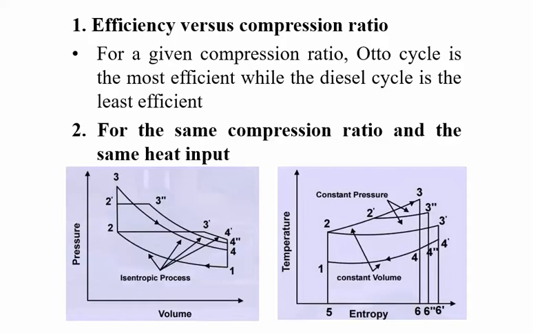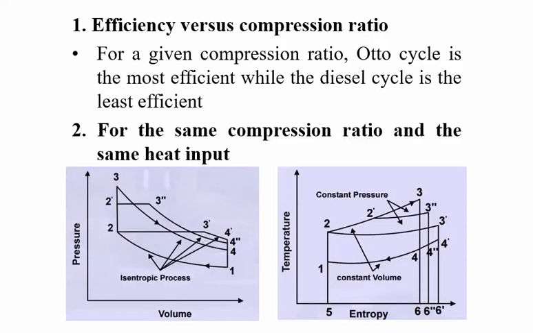The Otto cycle results in maximum pressure and temperature, for the diesel cycle these values are least, while the other cycles have values for pressure and temperature that lie between them. It is evident that the heat rejected by the Otto cycle is minimum and for the diesel cycle is maximum.